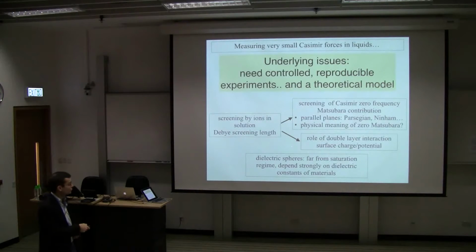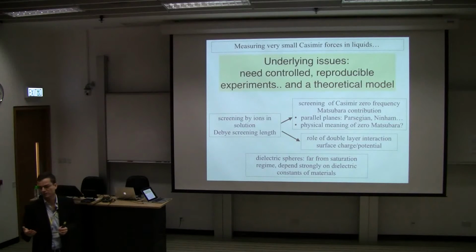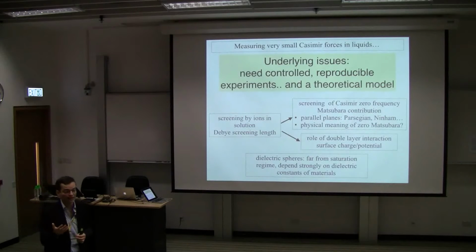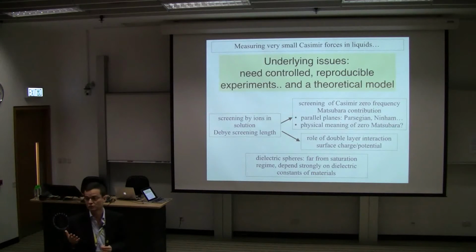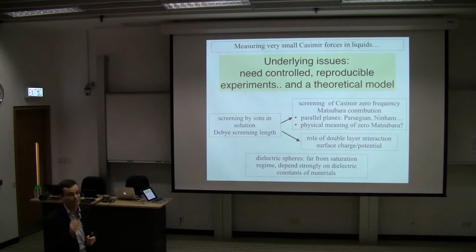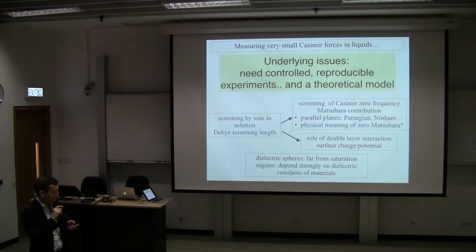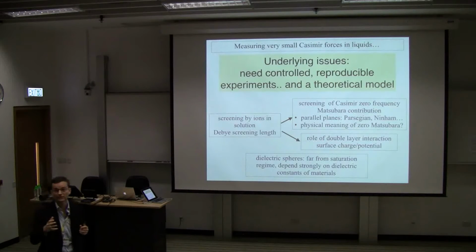So the results are going to depend strongly on the dielectric properties of the material. So the material I have to choose, it's better to choose a material that I know very well, because if I change just a little bit the dielectric function, the force changes a lot because the reflection coefficients of the scattering matrix are going to change a lot.